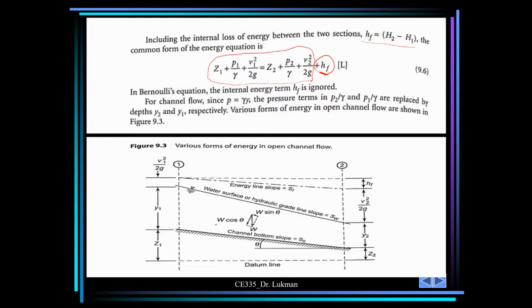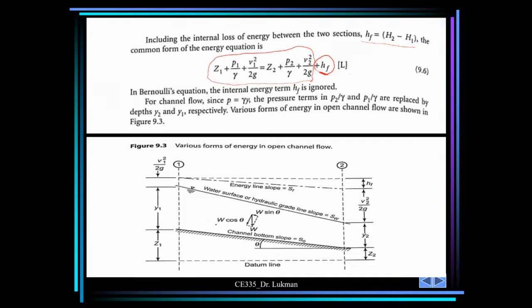Now, for channel flow, the pressure is gamma Y, which is like rho g h. The pressure terms P2 over gamma and P1 over gamma are replaced by depths, because Y1 and Y2 simply represent the pressure head.